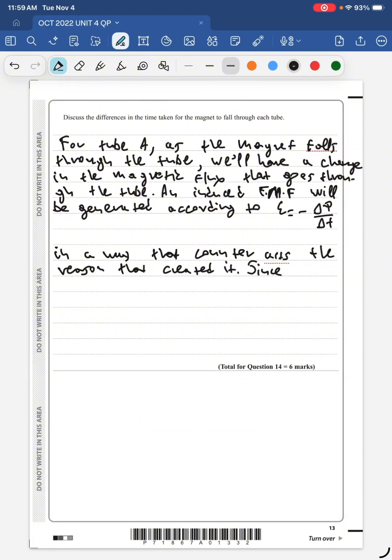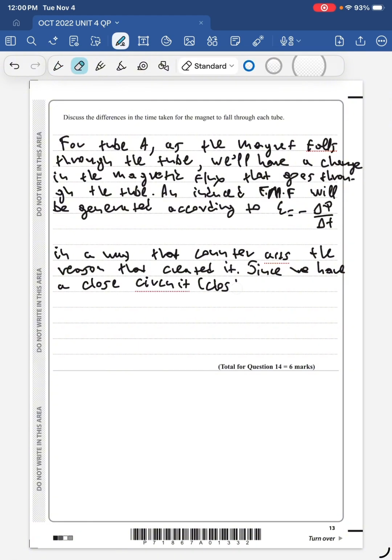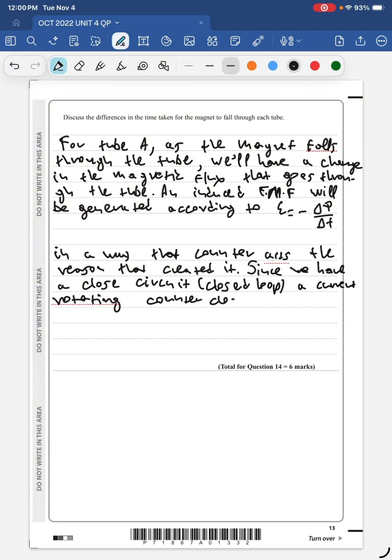Since we have a closed loop for tube A, a current rotating counterclockwise will be induced, which will generate a magnetic flux density in the opposite direction.